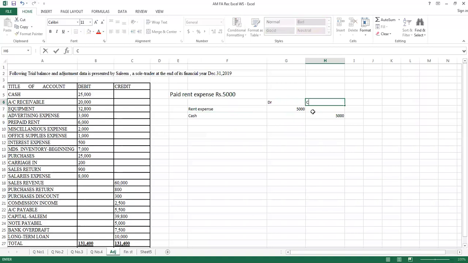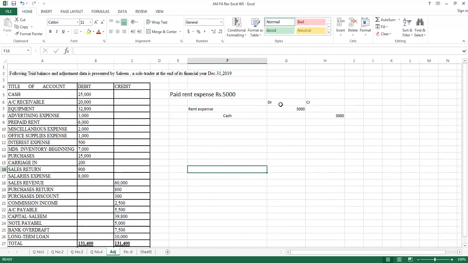I don't think that you will find any problem in the preparation of this entry. Right? So rent expense is debited and cash credited.